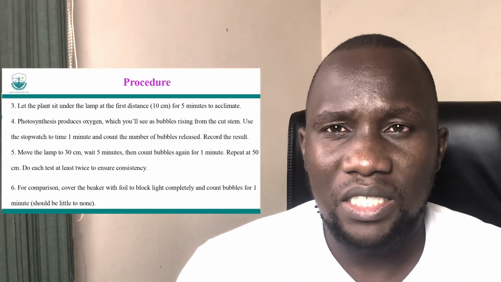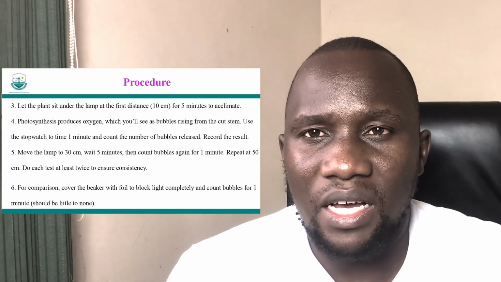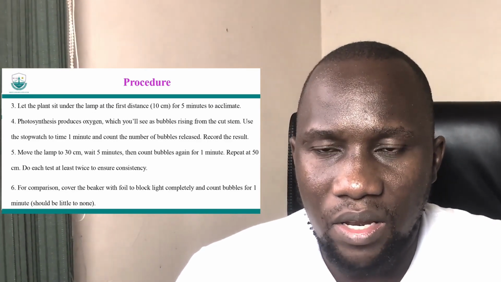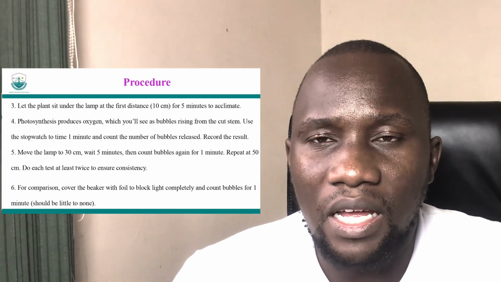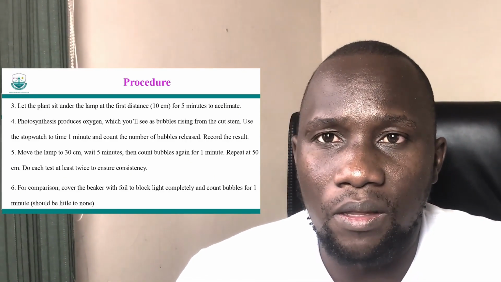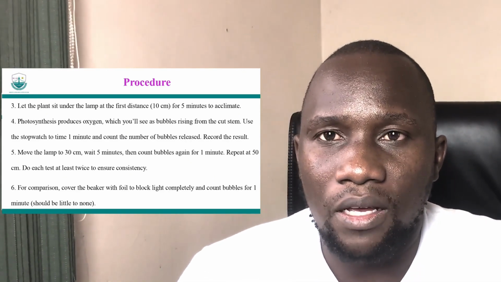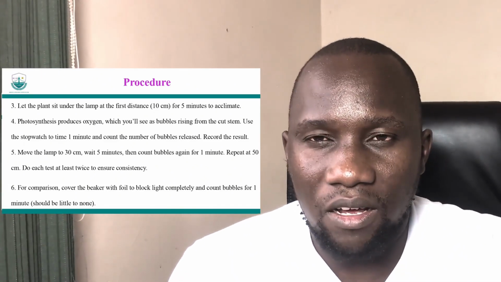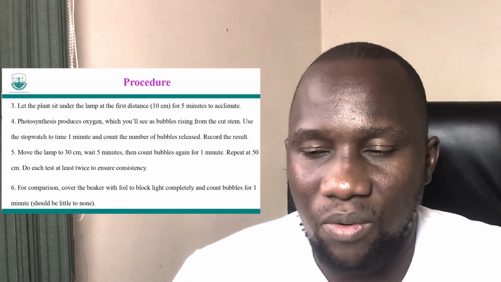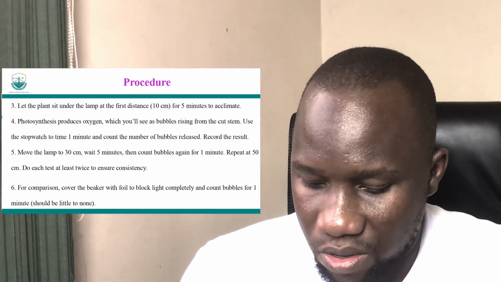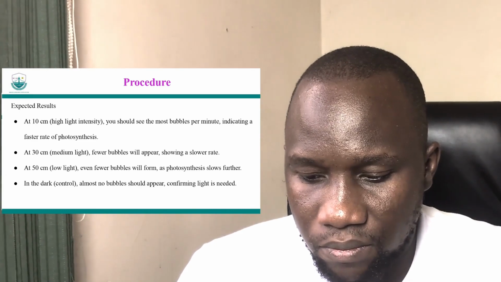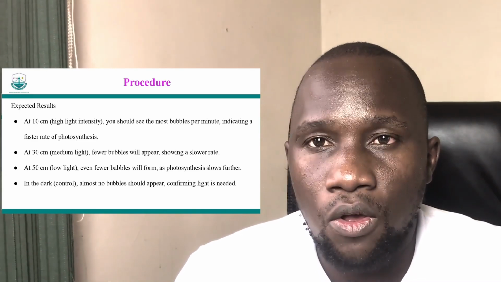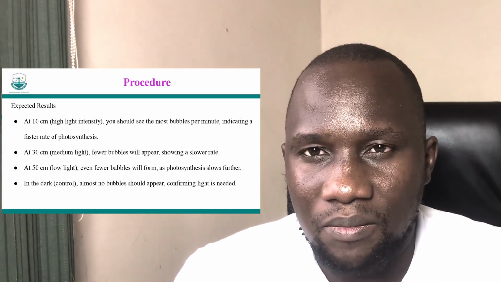It's very important that the top of the beaker is covered by an aluminium foil, such that it cuts off the light. The only light that is affecting the experiment should be coming from the bulb. That's very, very important. What could you expect?